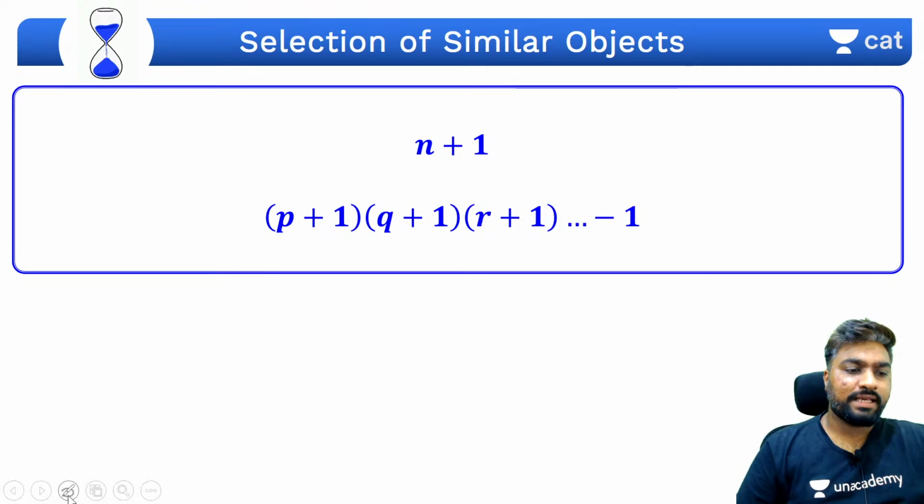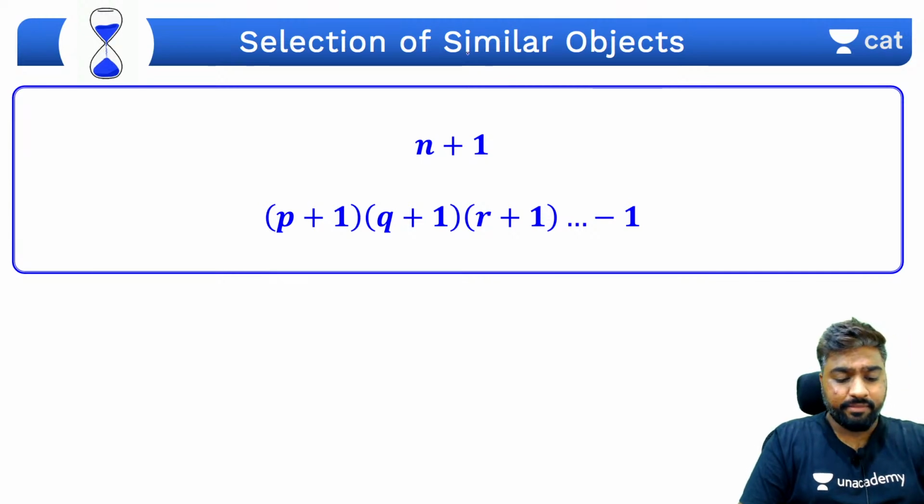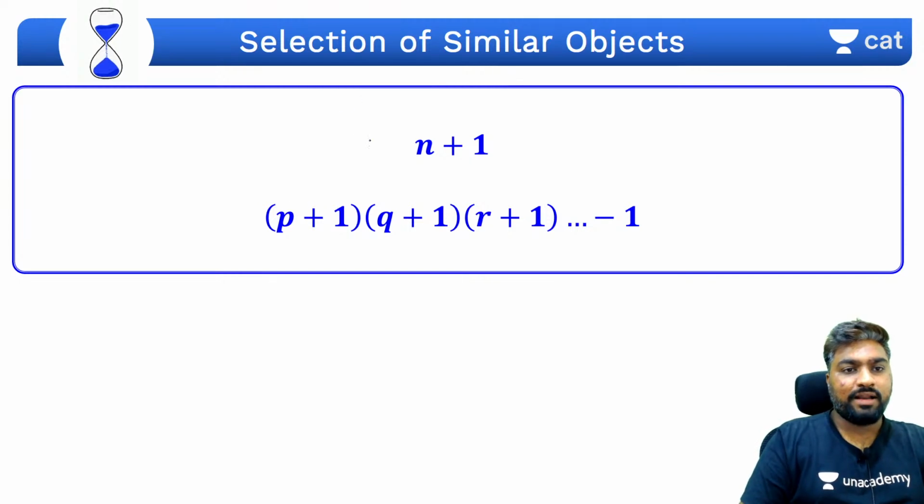Now let's move on to an example. Before that, if you have to select some similar objects, what happens? One way of looking at it is there will always be n plus 1 ways.